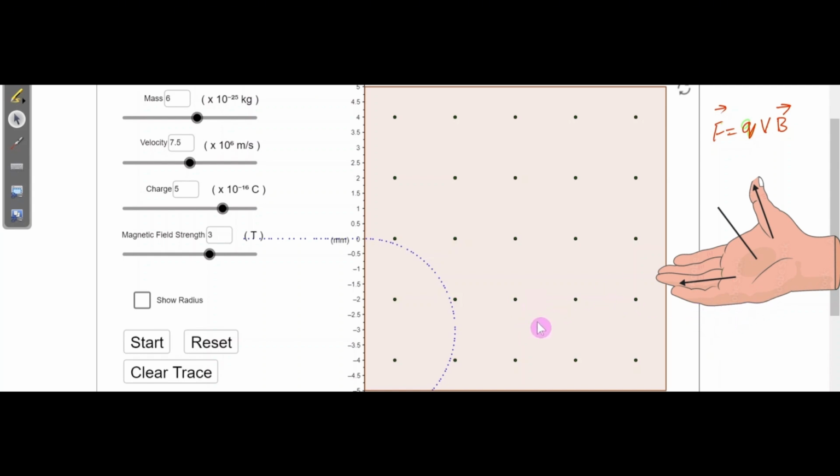In this case, the direction of the magnetic field is towards you from your screen, and the force will be exerted perpendicular to the palm of your right hand, on the free charge, this free electron. So from this right hand rule, we determine the direction of the force exerted on the free electron when we move it in the external magnetic field.